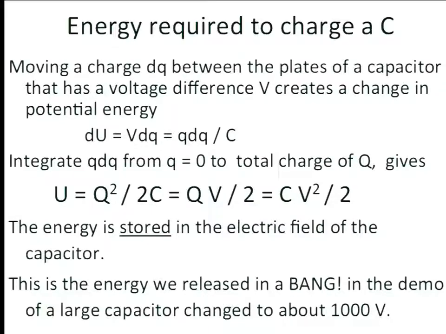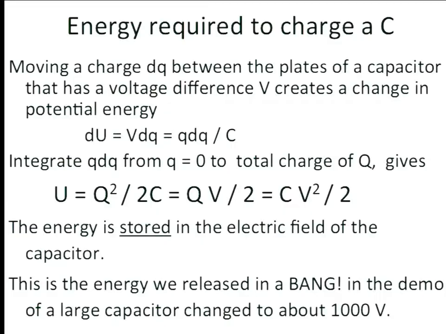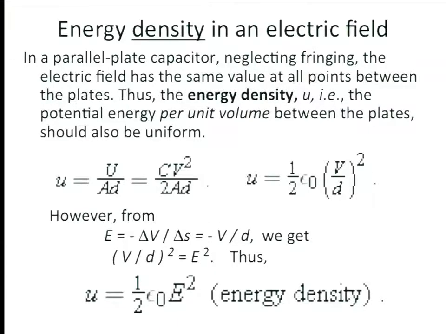In here, you're not using up the energy, you're storing it. So the energy is stored. That's a big difference. So in a good capacitor, you don't use up energy. You put the charge in there, and it just stores up as energy in the field.